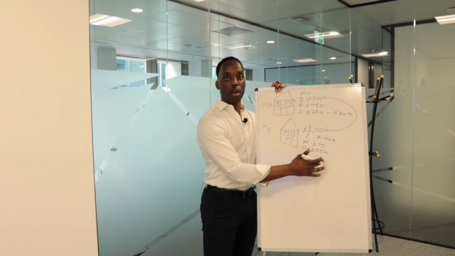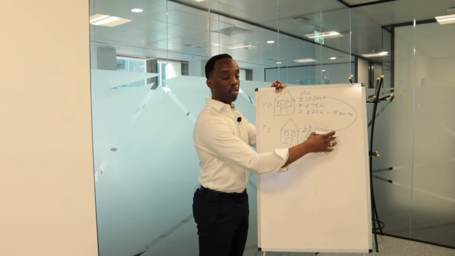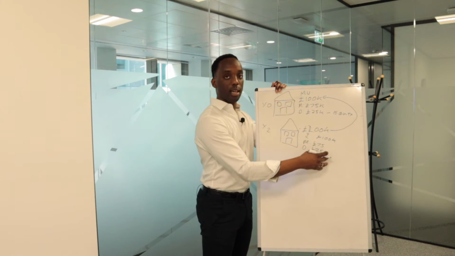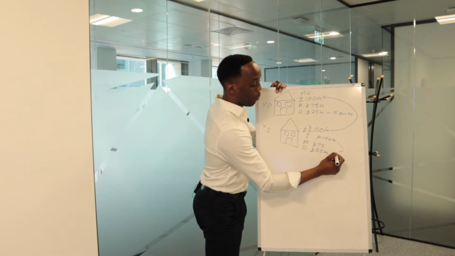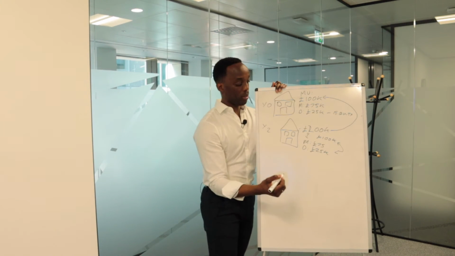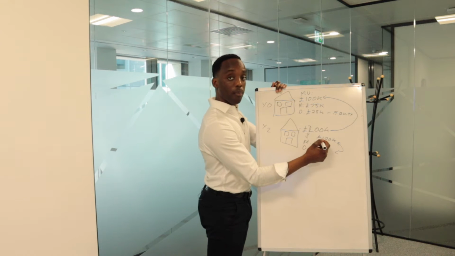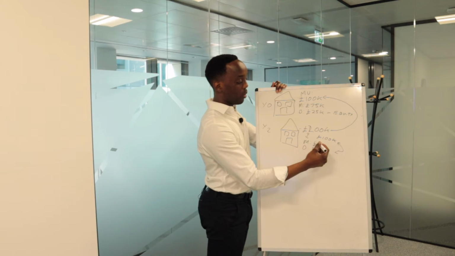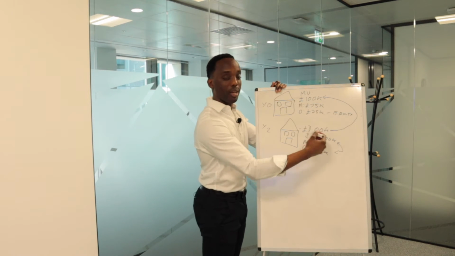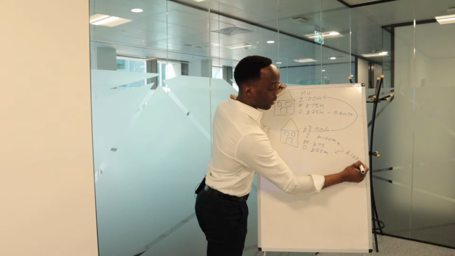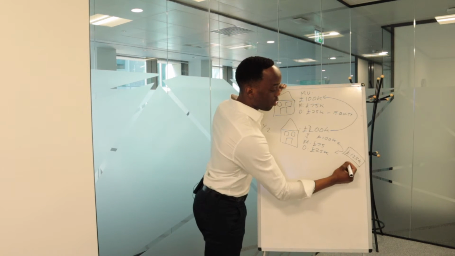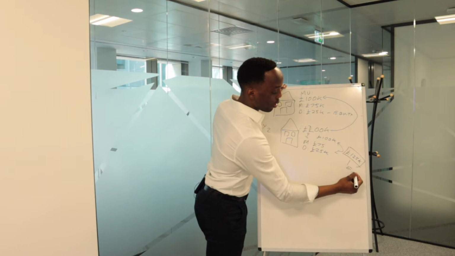So in this example, adding the growth and your existing equity position, or your existing deposit, will be your new equity position, £125,000. So the growth plus your initial deposit works out to be your new equity position.